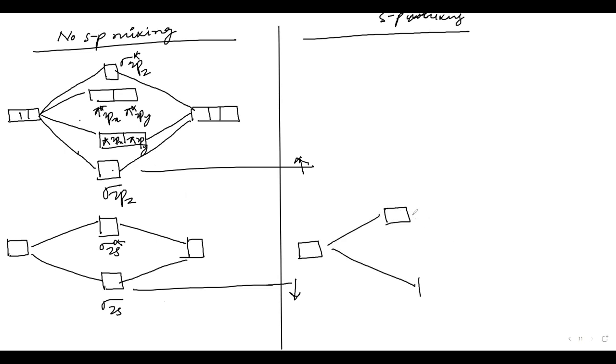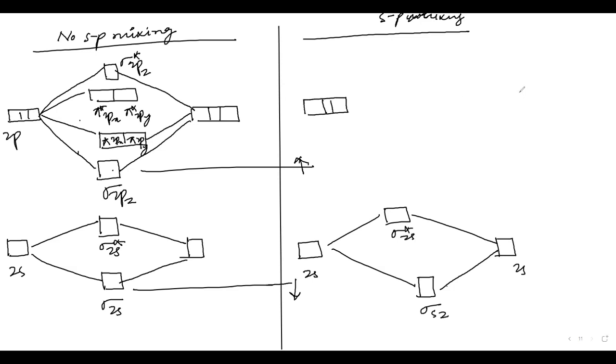Now this will be a bit down. Let me write 2s. This is 2p. This is 2s. This is sigma 2s. This is sigma star 2s. Now I have to write the pi's. What happened? Sigma 2pz has moved upward.